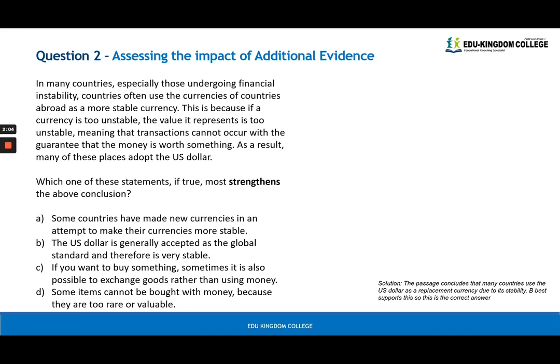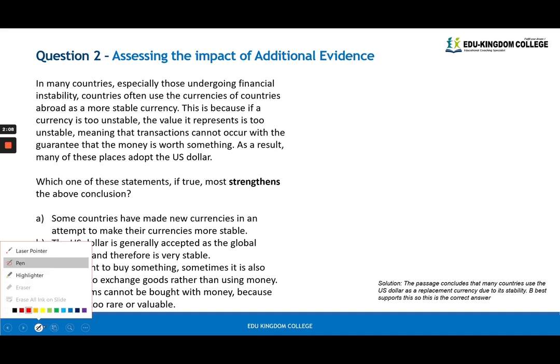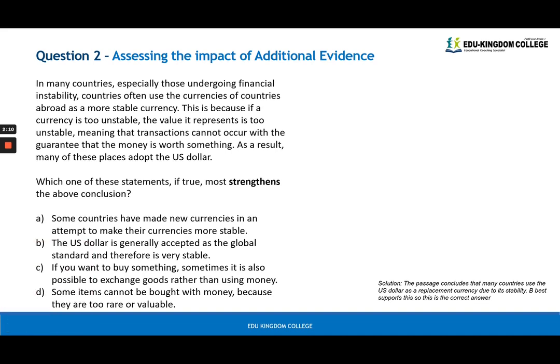Number 2, assessing the impact of additional evidence. We want to find the main conclusion in this statement. Many countries, because of financial instability, use other countries' currencies because it's more stable. If the currency is too unstable, then the value is unstable, and transactions cannot occur without the guarantee that the money is worth something.